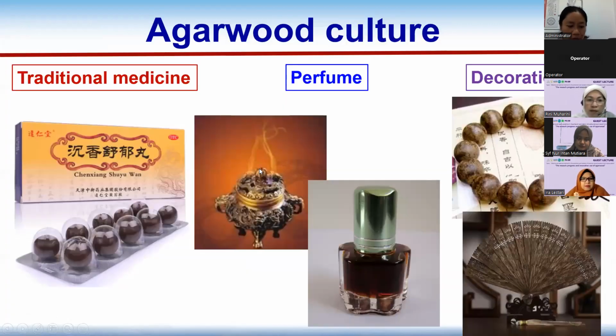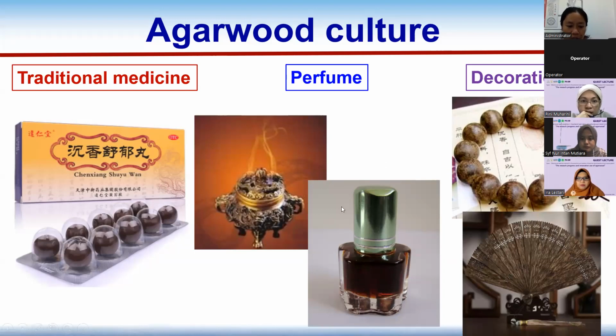And Agarwood is used very widely, mainly in 3 parts: traditional medicine, perfume, and decoration. In China, Vietnam, India, and Japan, it is used as traditional medicine to treat gastric problems, cough, and high fever.